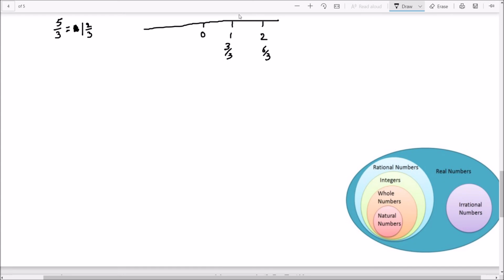So in between 1 and 2, the area whatever it is, we should divide into 3 equal parts. That means I need to draw 2 lines in between 1 and 2. So the first line will be 4 by 3 and the second line will be 5 by 3. So our required position of 5 by 3 is here.